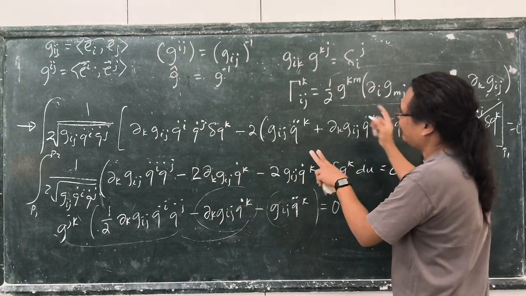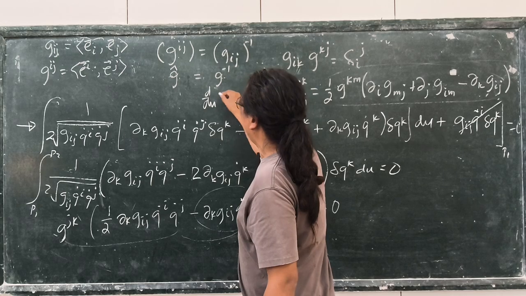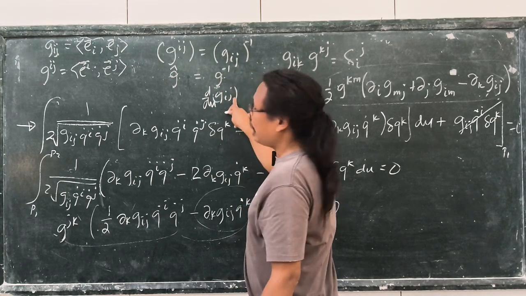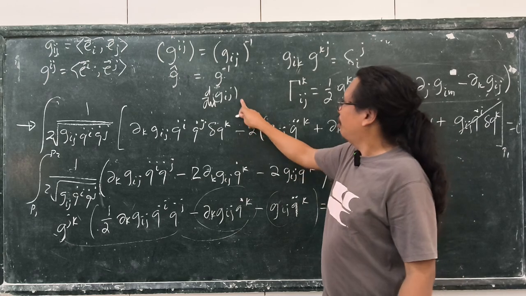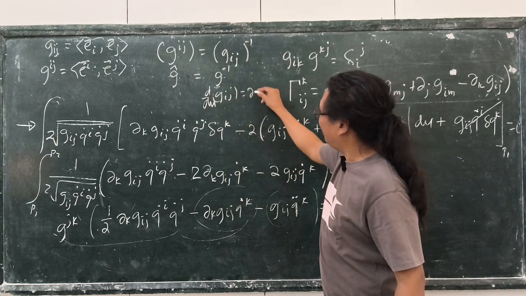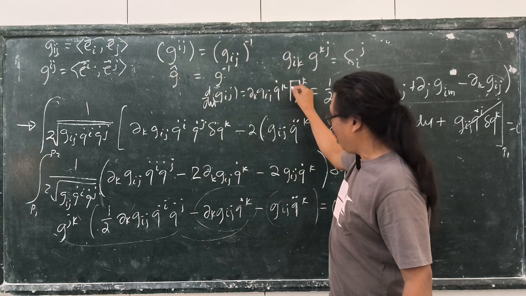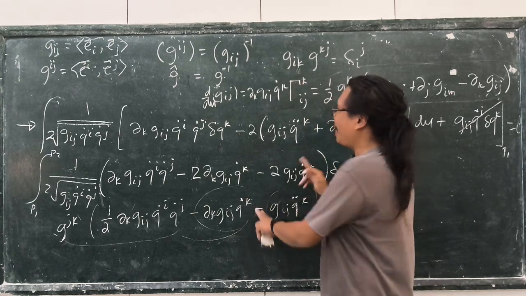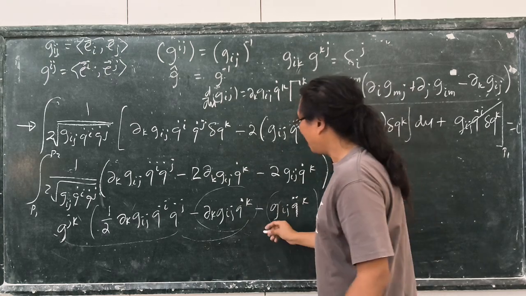When we apply the d over du of g_ij, we get a q dot. This is partial k, g_ij, q dot k. Then we already have q dot i from before.